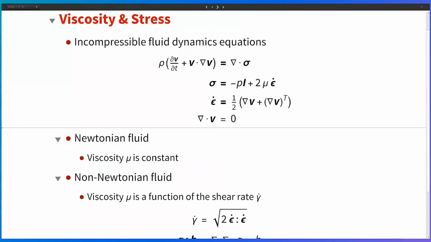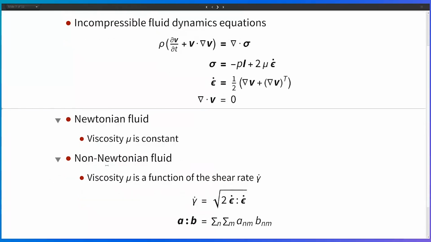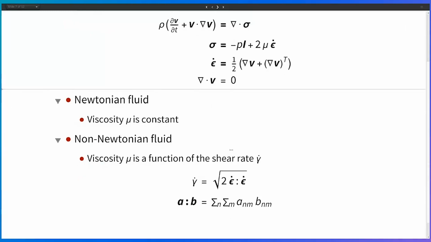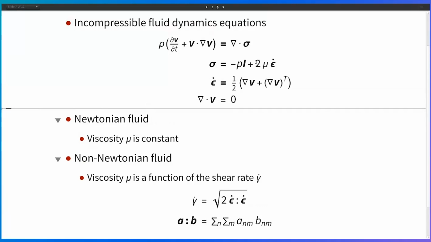On the other hand, if we assume that the viscosity is not constant, we obtain a non-Newtonian fluid. And in such a case, the viscosity depends on the quantity that's called the shear rate. Once we have the viscosity, we can try to compute the viscous stress tensor, which is basically the stress that's caused by the viscosity.